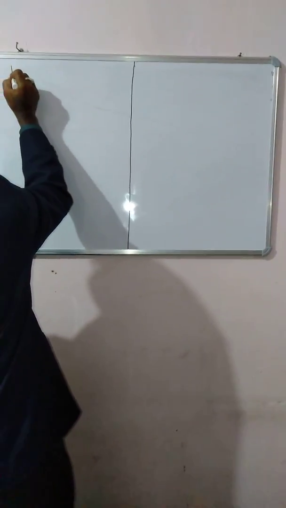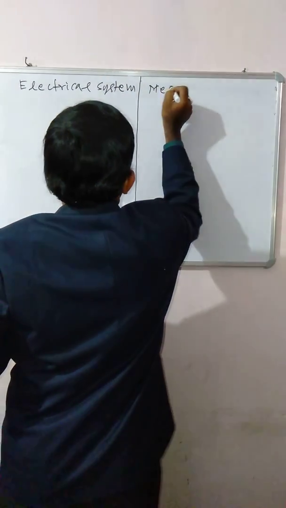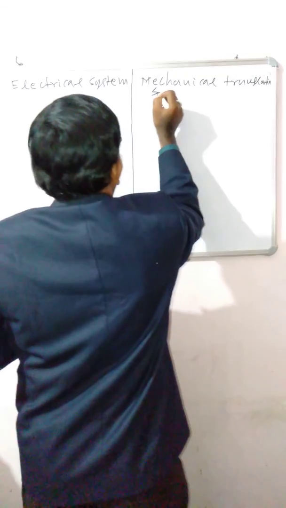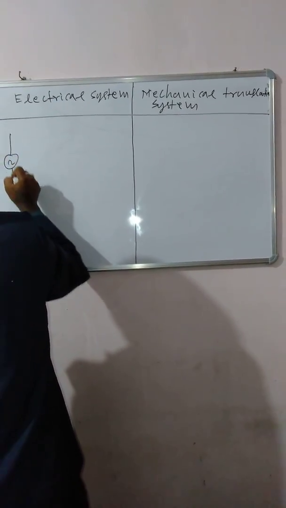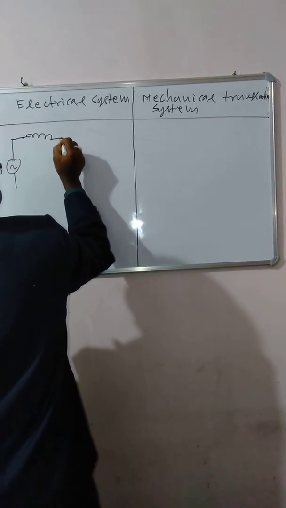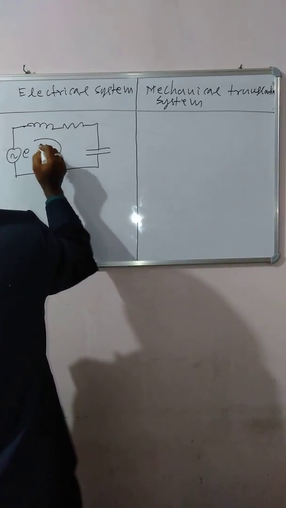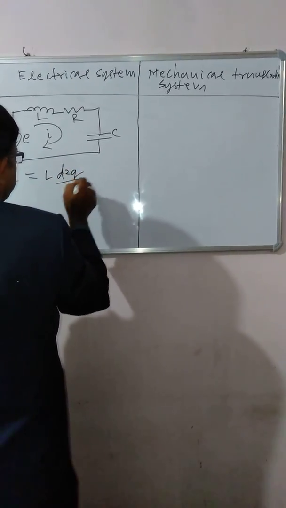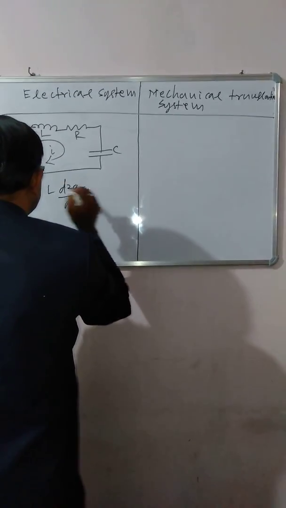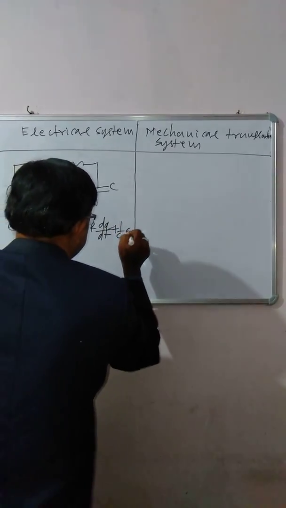So this is your electrical system, and the differential equation is L d square q by dt square plus R dq by dt plus 1 by C q.